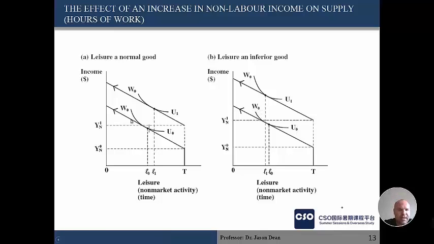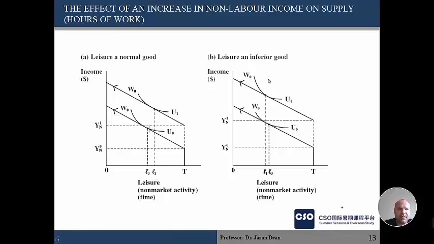And then we have an increase in non-labor income. As we know, that's going to shift the budget constraint to the right in a parallel fashion. If leisure is a normal good, then the amount of leisure will increase. So the new tangency point should be to the right of L0. So for example, here we go from L0 to L1.